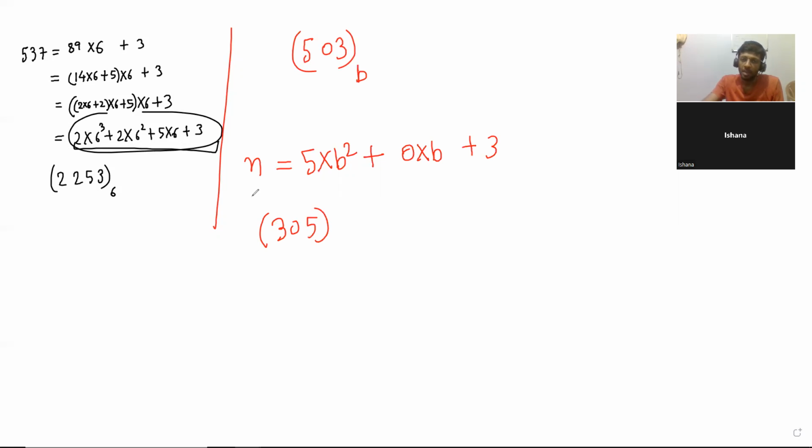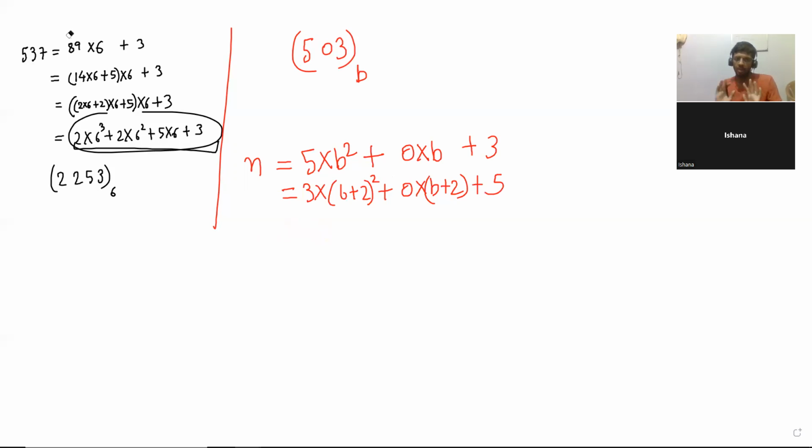So you see the same number n is 305 in base B plus 2, which means that when we wrote it with respect to B plus 2, again, this middle term is simple. This is all the question is saying.